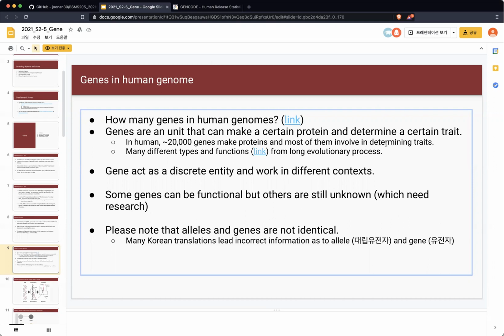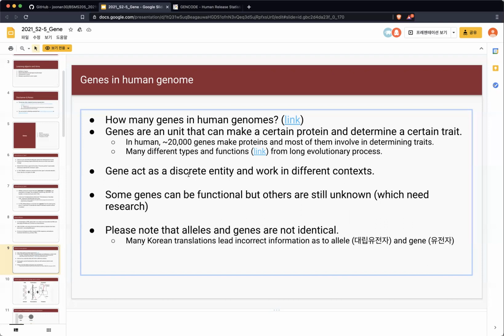So you can develop questions like how many genes determine height, or how many genes determine a certain disease, and that could be a starting point. You can think about the genes and disease or trait of your interest.